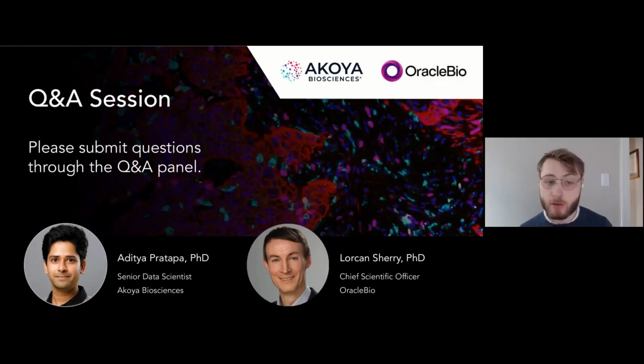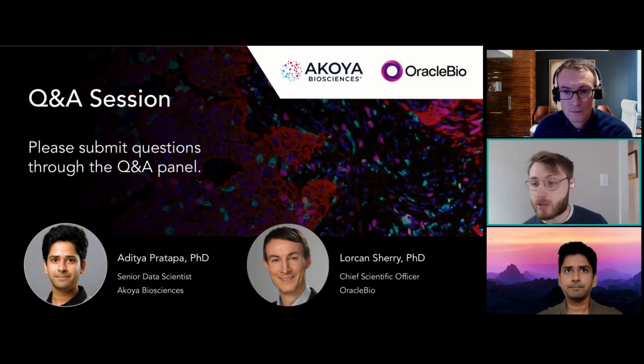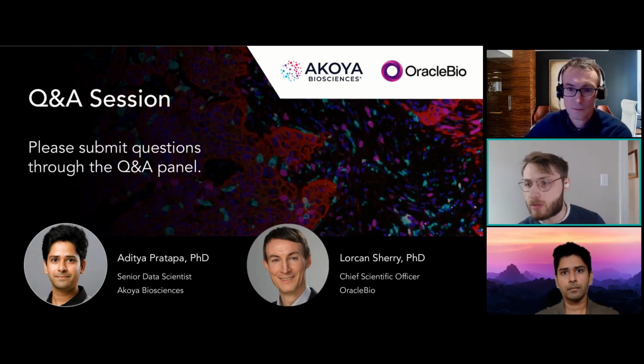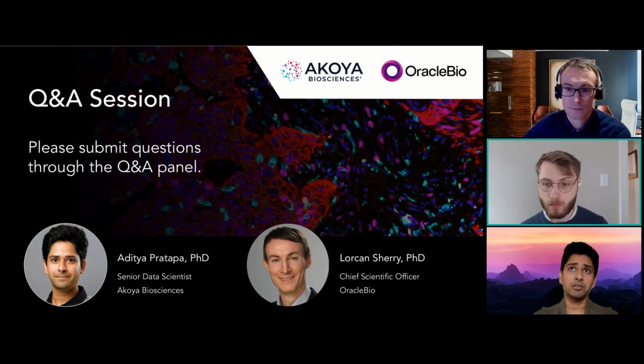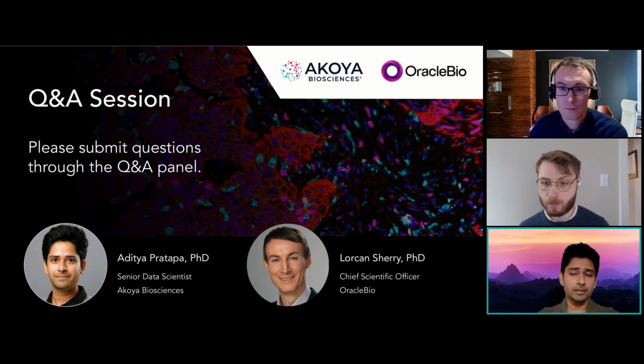Excellent. Thanks so much, Lorcan and Addy, for great presentations here. So let's jump in with a question here for Addy. Is the unmixed QPTIFF file also normalized to account for exposure times during the acquisition? Yeah, the short answer is yes. That information on normalization is part of the QPTIFF metadata XML file.